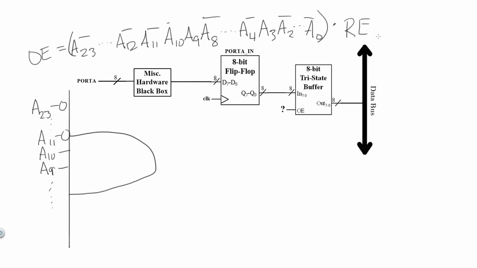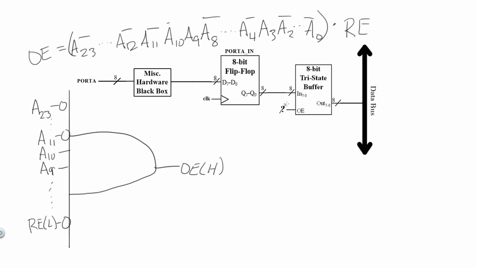And then we can't forget the read enable signal, which on the XMEGA is an active low signal. So I will designate it as such and make sure that I have a bubble denoting it's an active low input. So that should be all the 25 inputs we need to generate the output enable signal, which I will call output enable, which is going to be an active high signal.